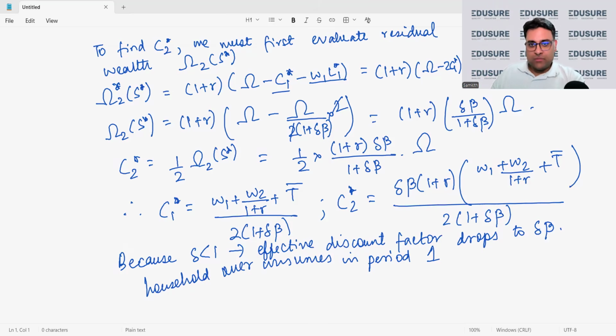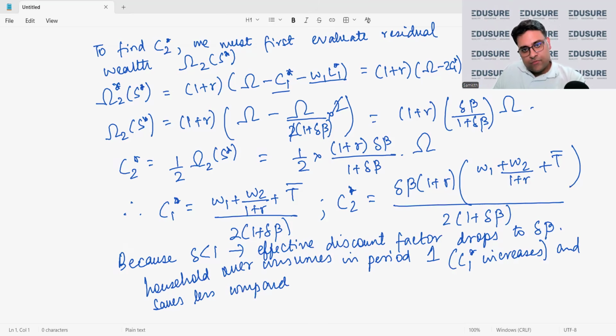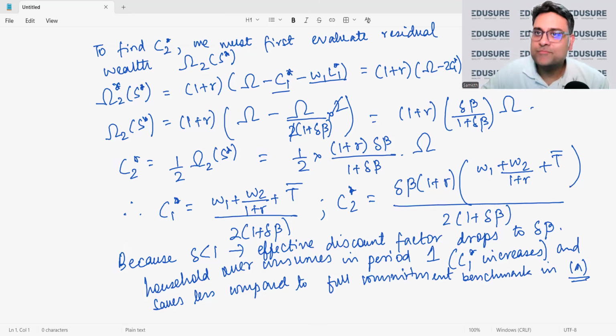The household over consumes in period 1, that is, C1 increases and he saves less compared to the full commitment benchmark in part A. Okay?